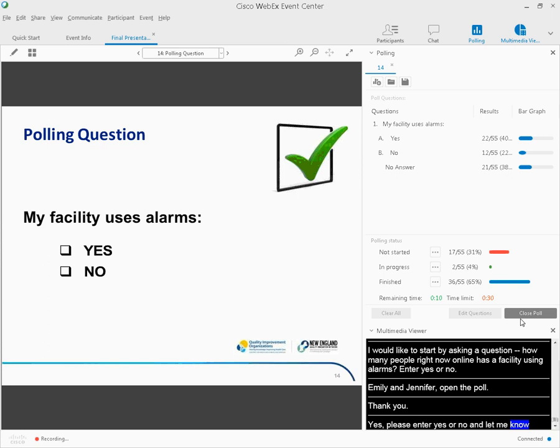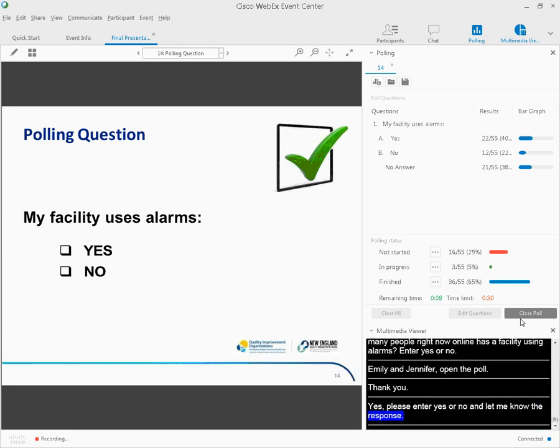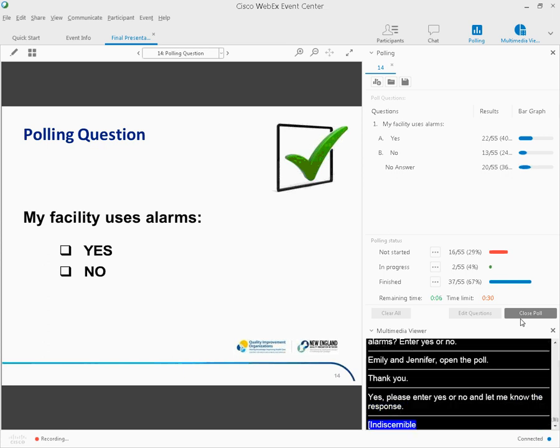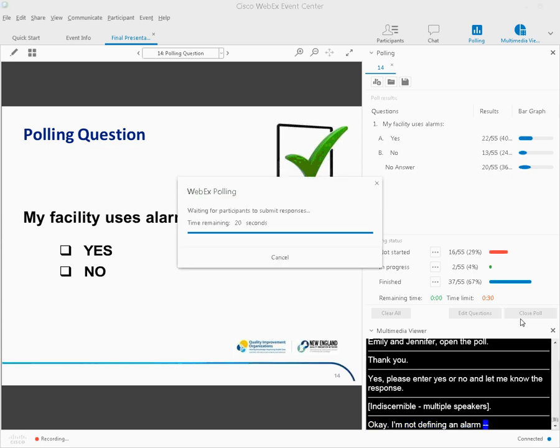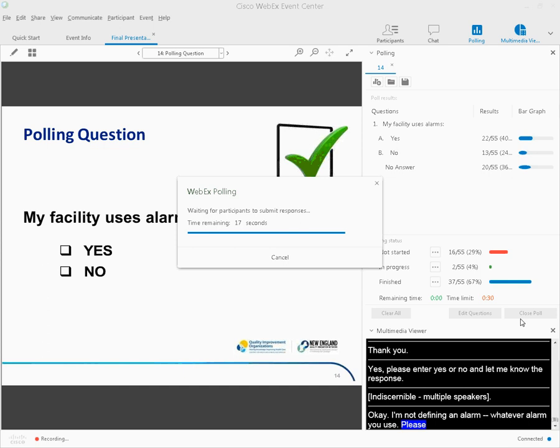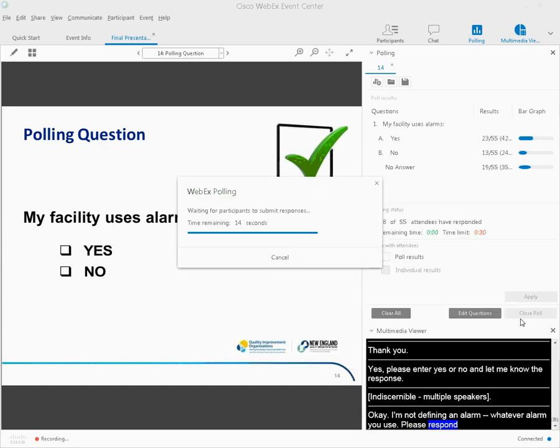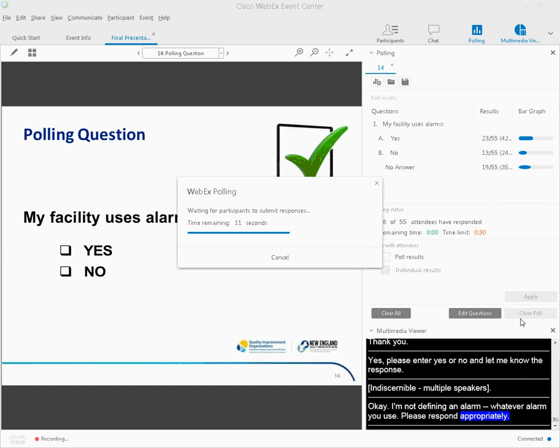Okay, and I'm not defining what alarms are, whatever alarms you're using in your building, if you can just respond appropriately. Thank you. I don't have the polling results yet, so when we continue, we'll see if it comes up.